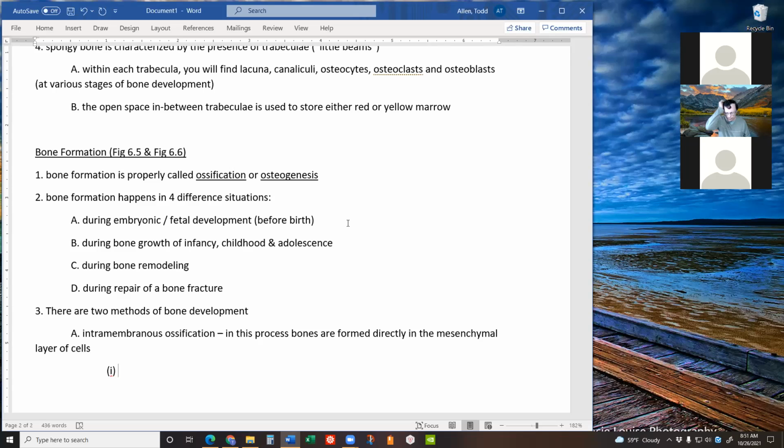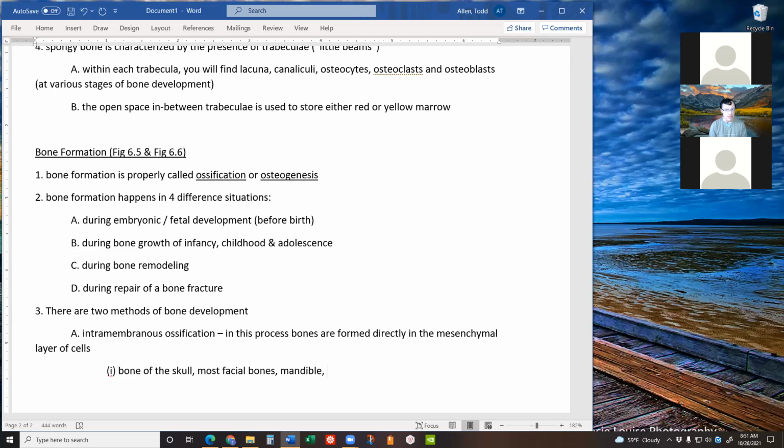In terms of your skeleton, which bones of your skeleton form through this process called intramembranous ossification? Well, let me tell you a few of them. Bones of the skull, most of your facial bones, your mandible.